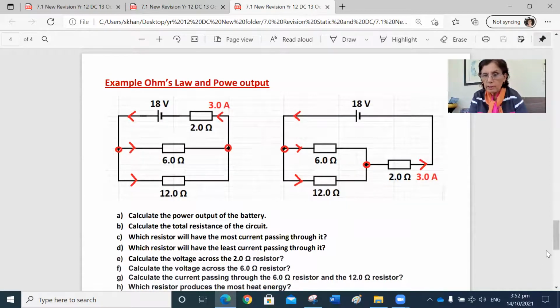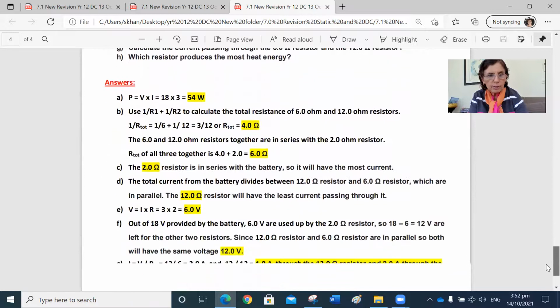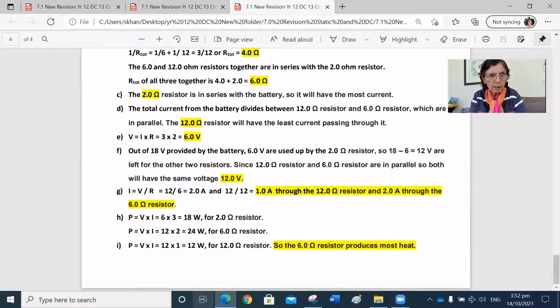But to calculate these, we already know the voltage and current values. So the 2 ohm resistor will have a power of voltage times current. So voltage was 6 times 3 is 18 watts for the 2 ohm resistor. This is the 6 ohm resistor.